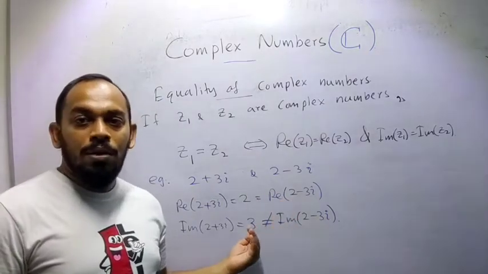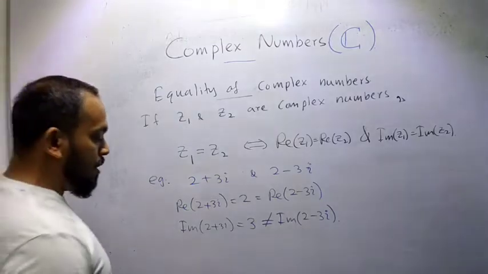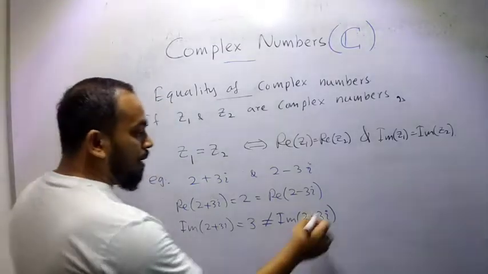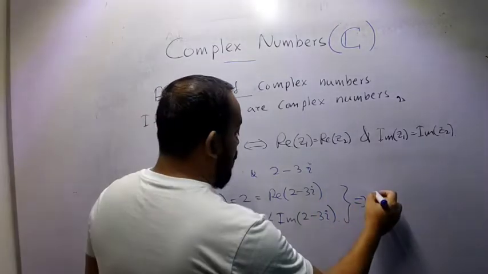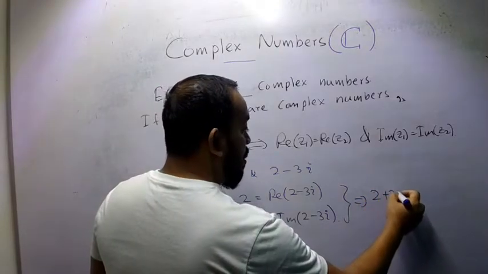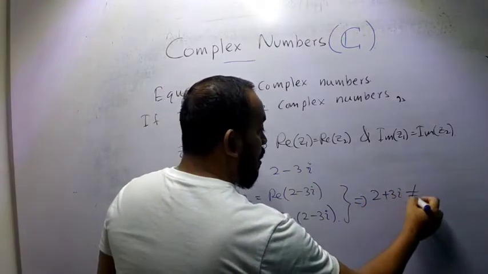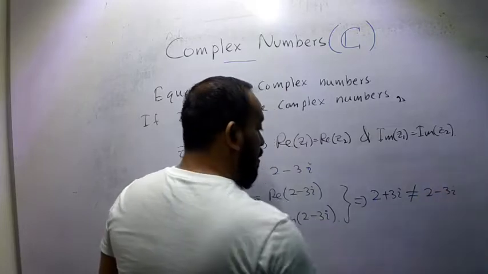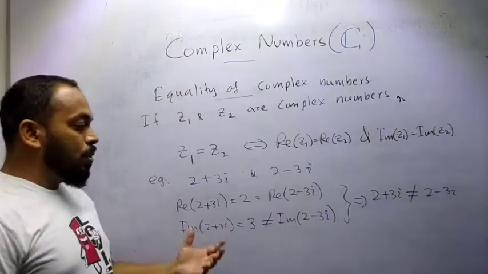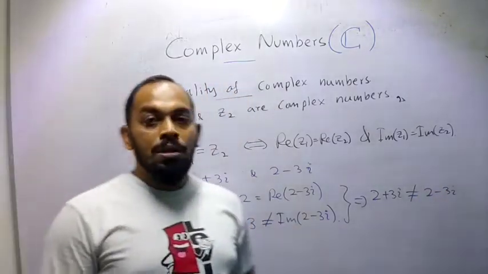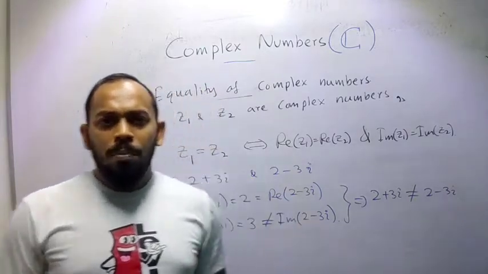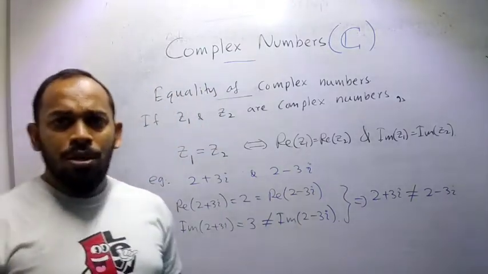Minus 3 is not equal to plus 3, which implies 2 plus 3i is not equal to 2 minus 3i. So notice here that for two complex numbers to be equal to each other, their real parts and imaginary parts must both be equal.